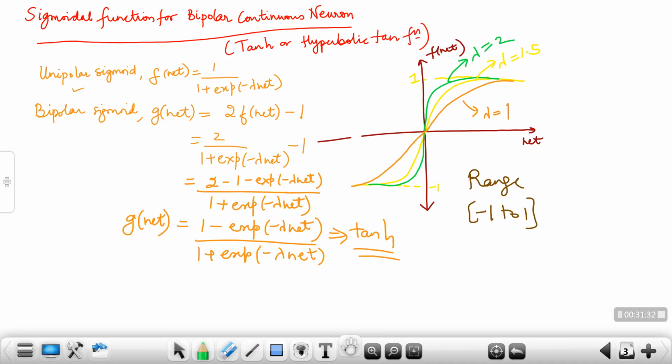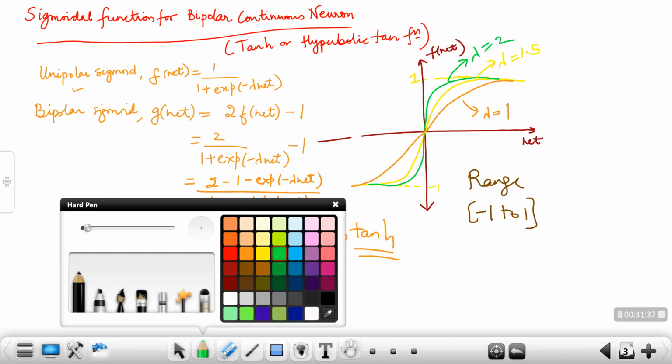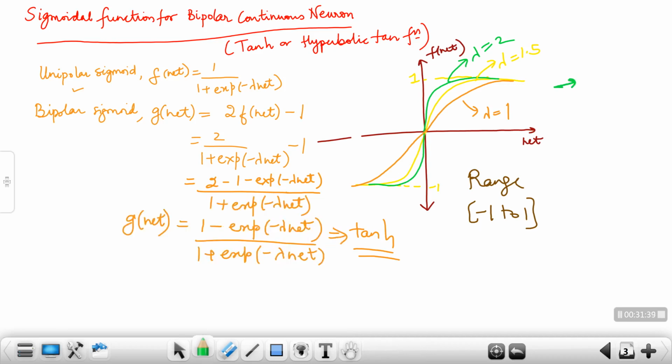Then the next point is that the function is differentiable and it is monotonic. As you can see, the function is differentiable. Why is it differentiable? Because it is continuous. And because it is differentiable, you can find the derivative.